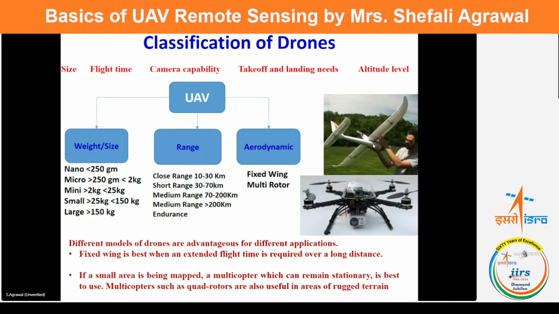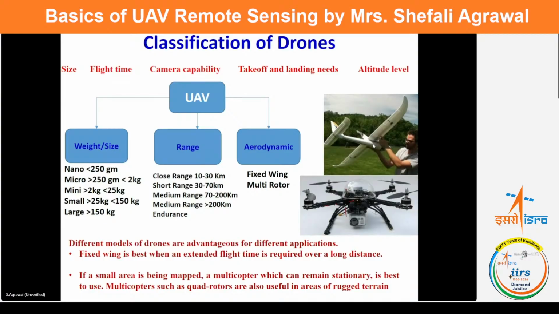Then there is a third kind of drone which has come, which is a combination of the fixed wing and the multi-rotors. It looks like a fixed wing but has the capability of vertical takeoff and vertical landing. So it's a combination of both.